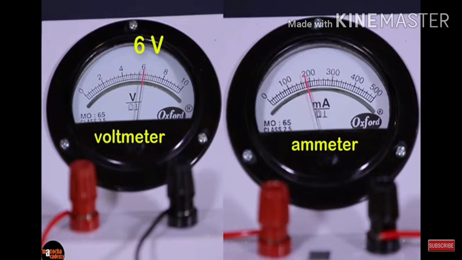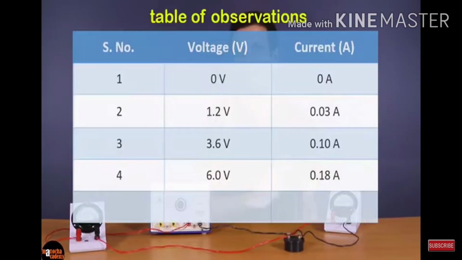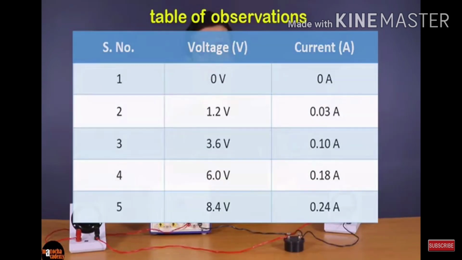Then the voltmeter shows 6 volts and the ammeter shows 180 milliamperes. Let us note down these values in the table of observations. Here you can observe the values of voltage and current. As the voltage increases, the current also increases.